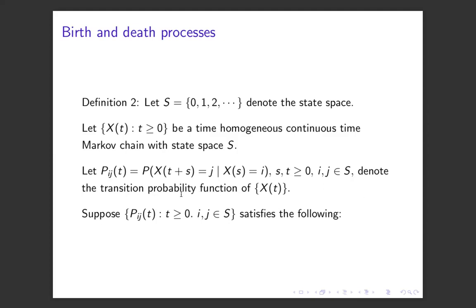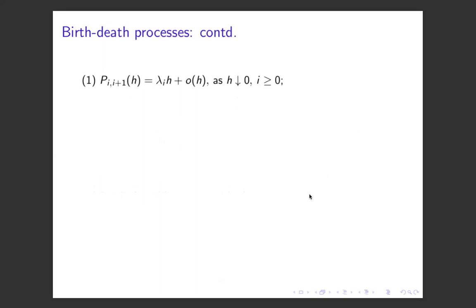Now suppose this transition probability function satisfies certain properties, which we will list below. The first property: this h is considered to be a small positive number, that is, a small interval of time. So an interval of 0 to h would denote an interval of small length.